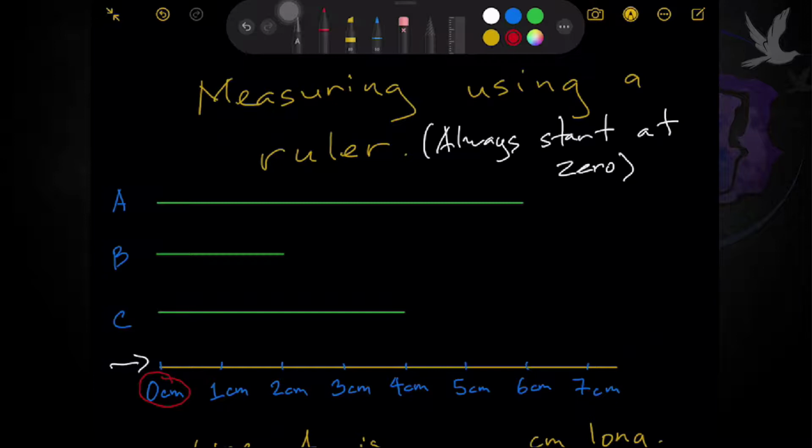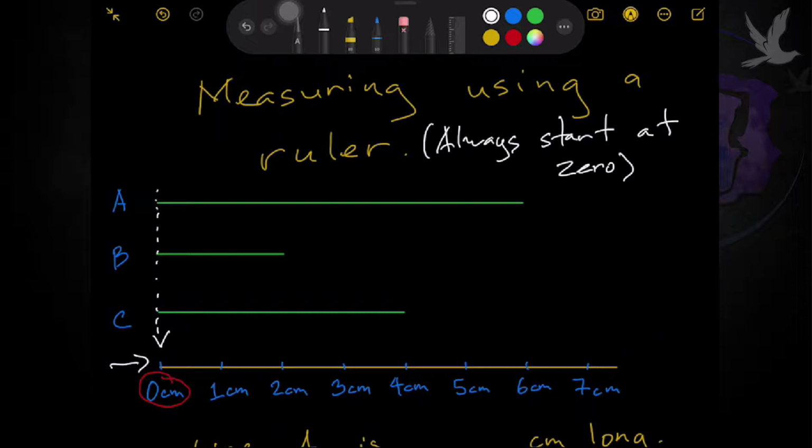Okay, again, this is measuring using a ruler. Since this may be your first time, we always start at 0. So if you notice how the lines are aligned with 0, because when we measure, we always start at 0, so that you will find out how long that line is.